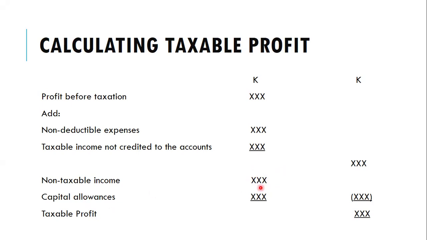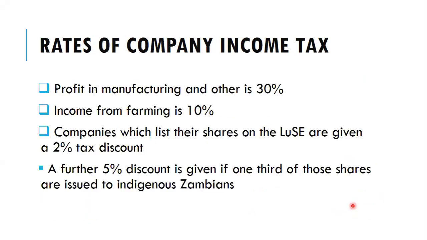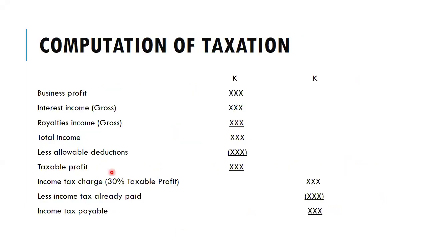Then you also deduct the capital allowances. So the capital allowances plus non-taxable income, you deduct from the tax adjusted business profit. Then when you deduct that, that's going to be the taxable profit. So this taxable profit is the one that we bring here on business profit.